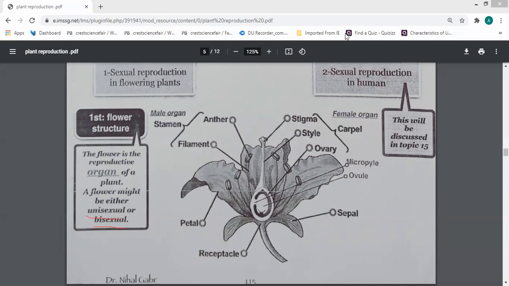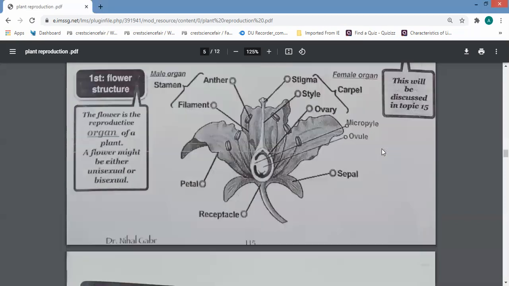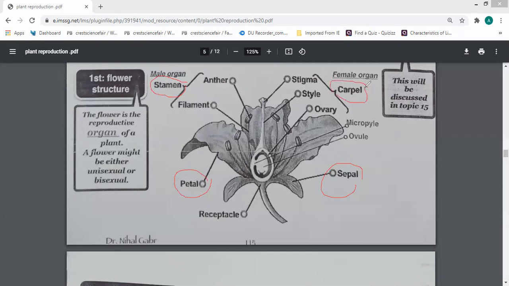This is the structure, the typical structure of a flower. The four main parts, or four whorls, of the flower are the sepals, then petals, and stamen, which is considered the male organ, and carpel, which is considered the female organ.